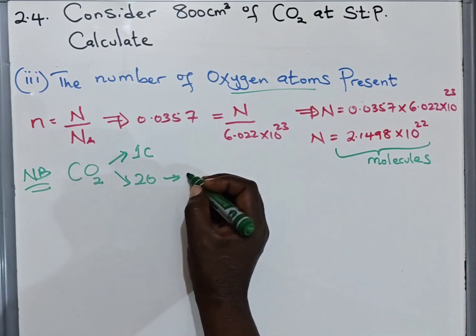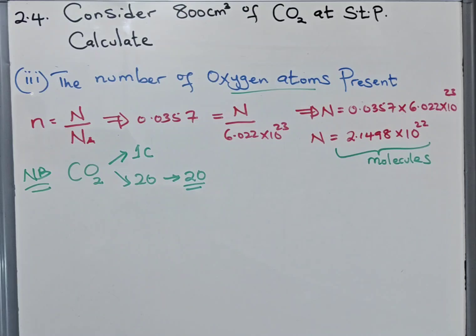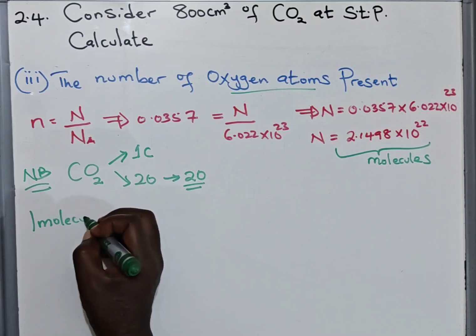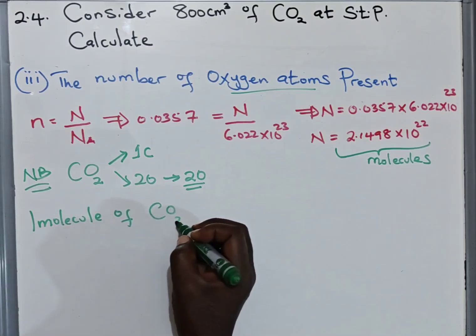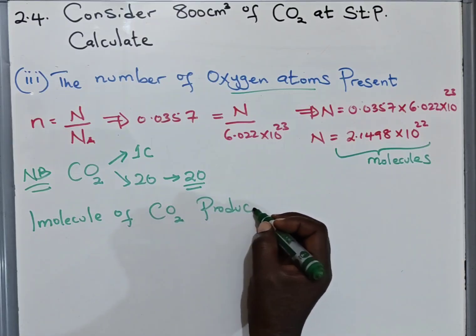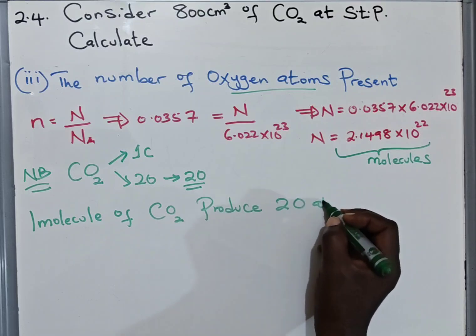And the question is looking for oxygen. So what are you going to say? You come here and say that 1 molecule of carbon dioxide produces or releases 2 oxygen atoms.